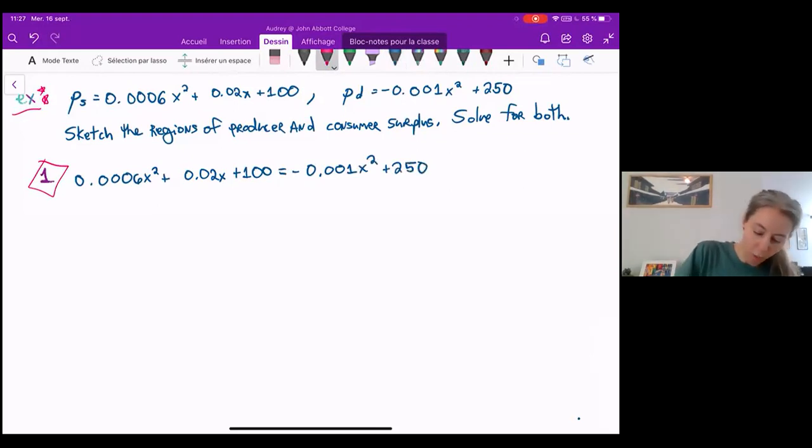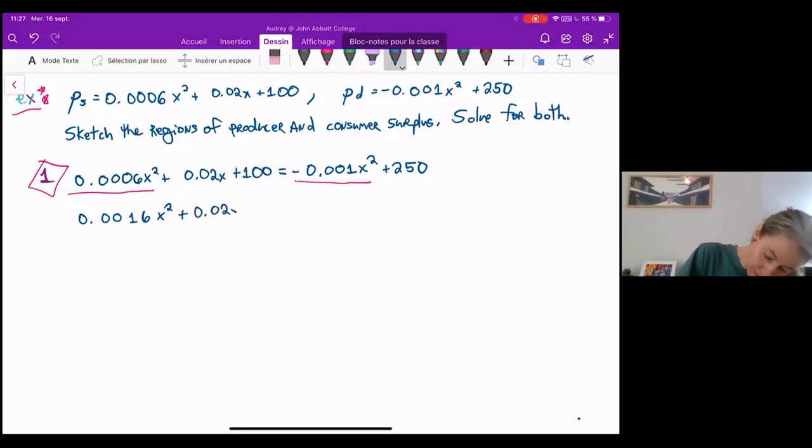Now, because these are quadratics, we have those x squareds, we know that we want to get everything to one side with 0 on the other. So I'm going to make that happen by adding 0.001 x squared and by subtracting 250, so that's minus 150 equals 0. So that 0 on the right side is good. That's what we wanted to happen.